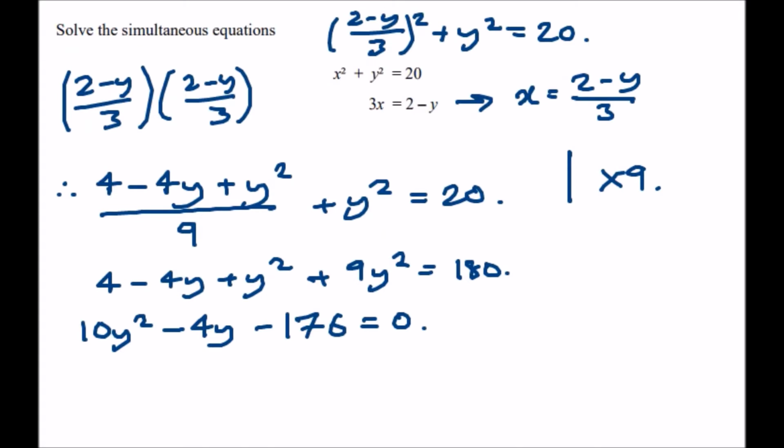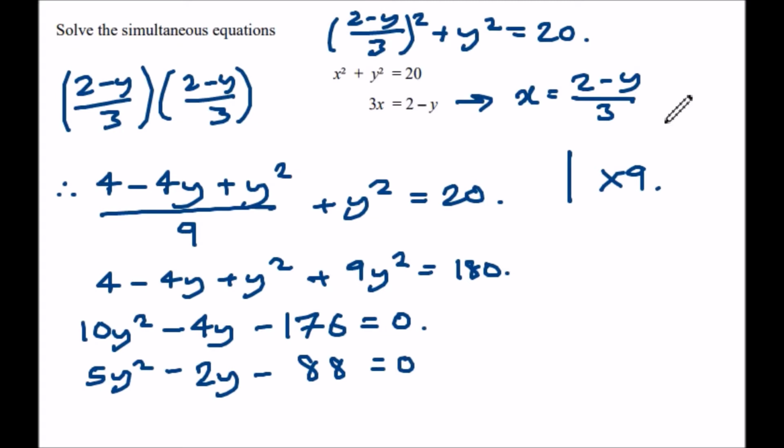Now we should always try to simplify this equation. Notice we can divide everything by 2 because they're all divisible by 2. Doing that would give us 5y squared minus 2y minus 88 equals 0.